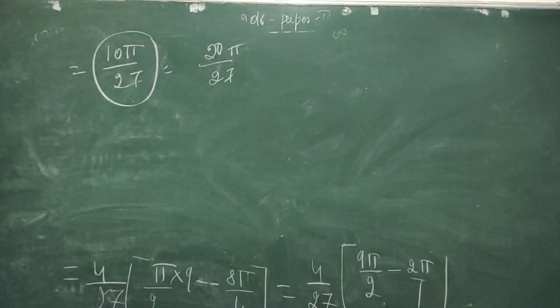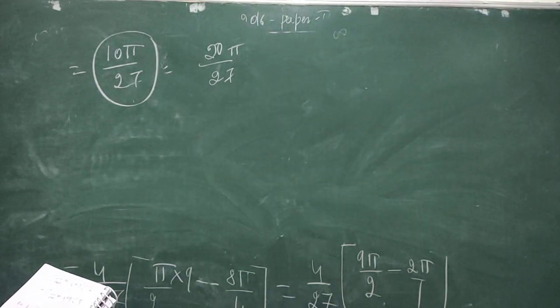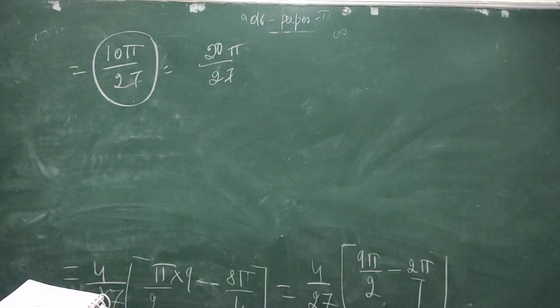Is there any mistake I made here? Pi by 2a.